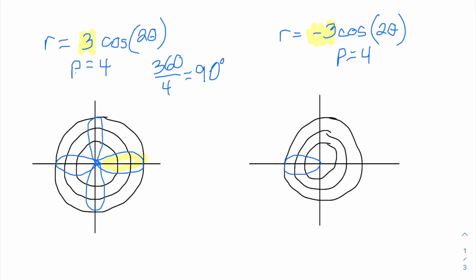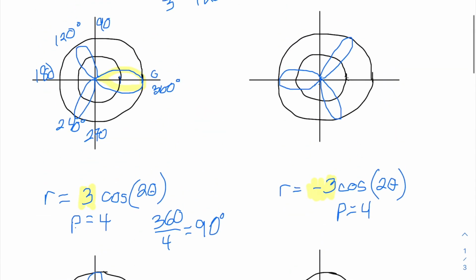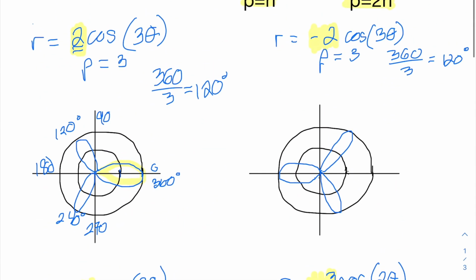But here's what's fun about a situation when you're dealing with the cosines and you have the even values. With odd numbers for n, we saw that our graph flipped, right? So we did end up with different graphs when we had an odd number for n, and we changed the sign of a. When a went from positive to negative, the graph inverted.